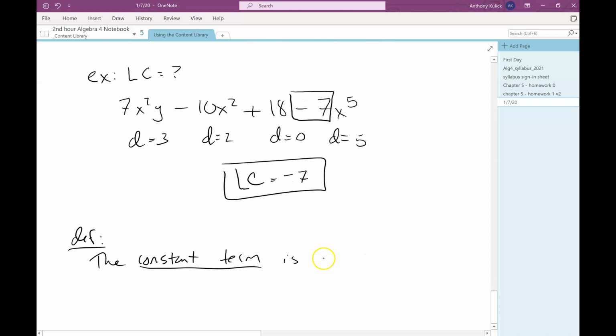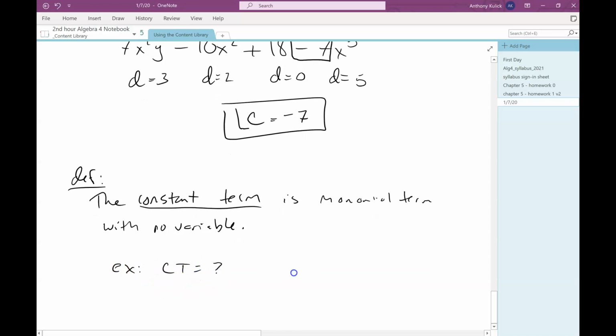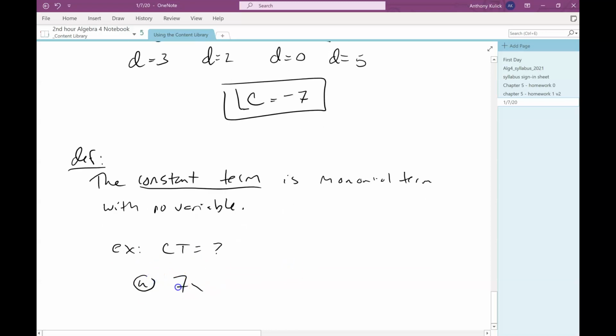So the constant term is just the monomial term that has no variable. So for this one, what would the constant term be? -10. Okay.